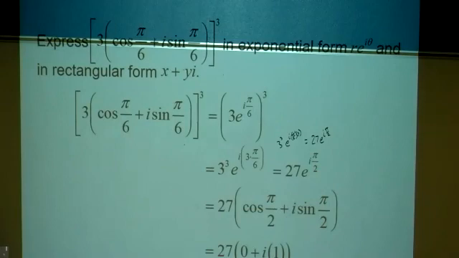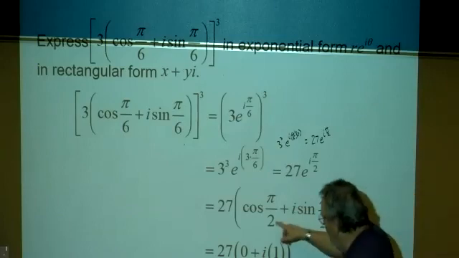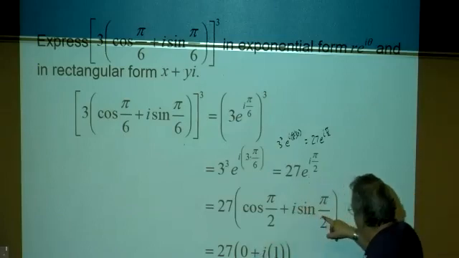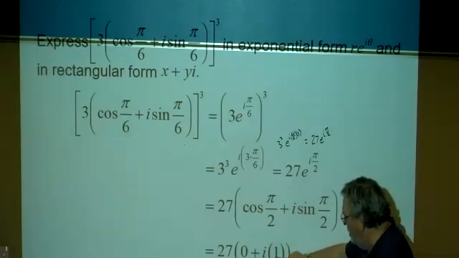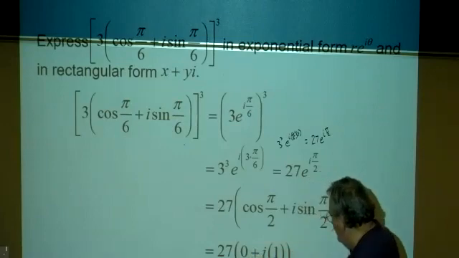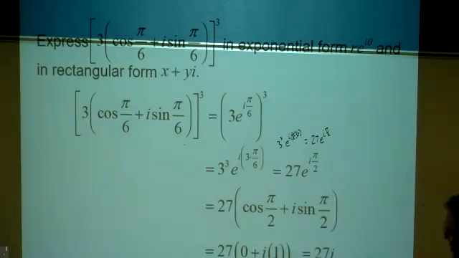So that's just 27i, because the cosine of pi over 2 is 0 and the sine of pi over 2 is 1. So this is just 27 times i, which is 27i. So you're on the y-axis, the imaginary axis.